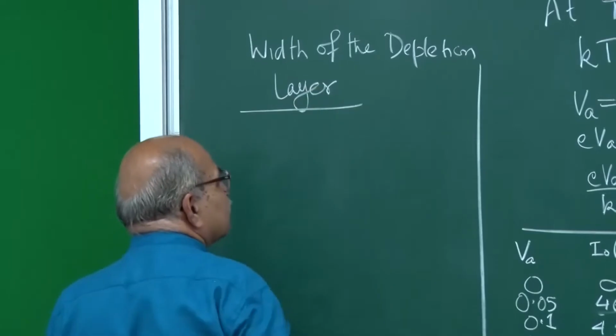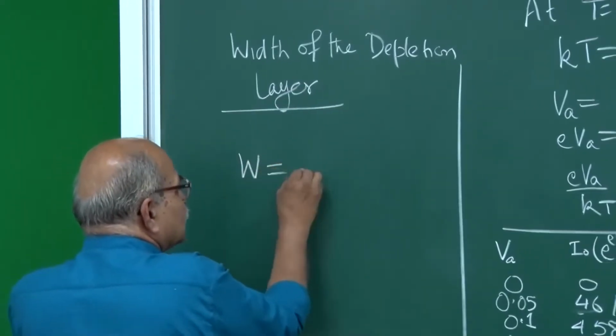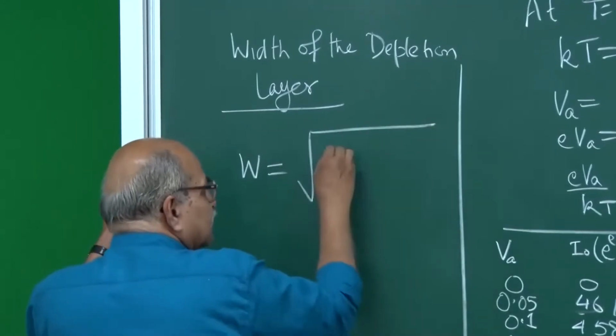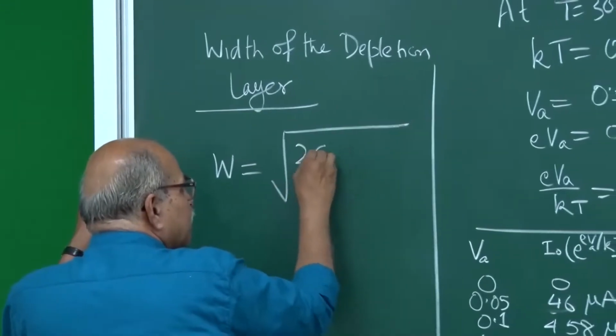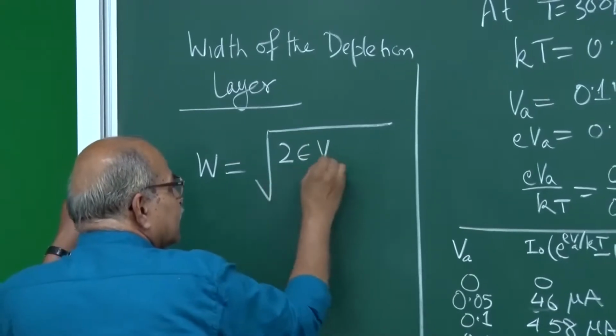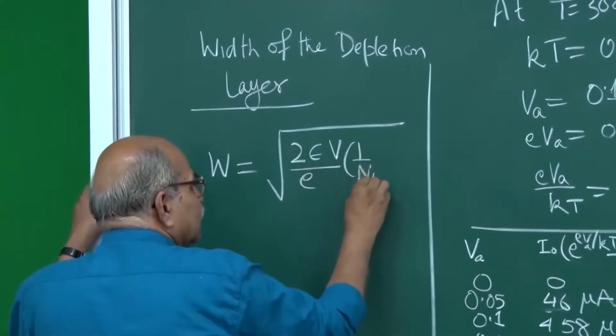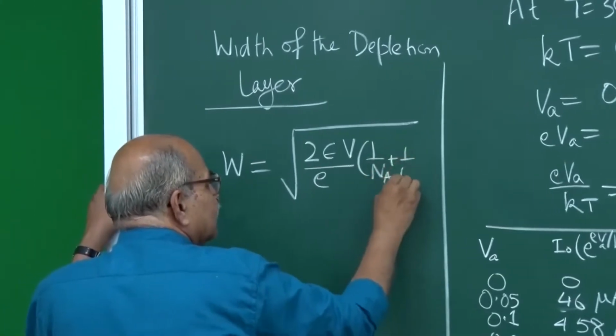We have derived that equation: the width was some square root of 2 epsilon, then this volt appearing here, and then divided by E, 1 over NA plus 1 over ND, something of this sort.